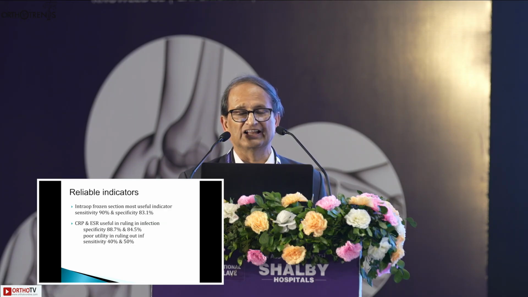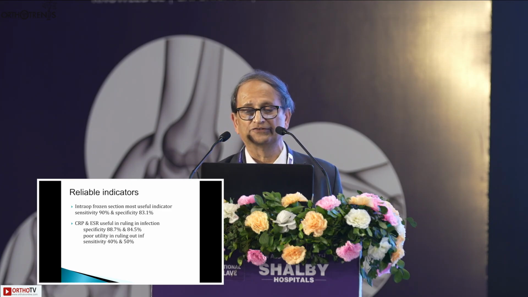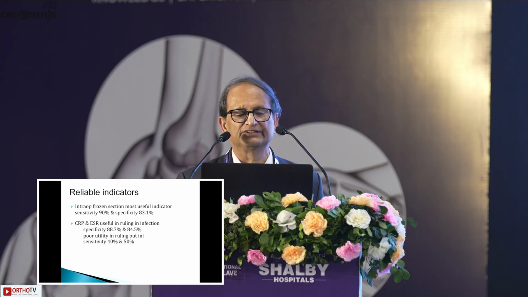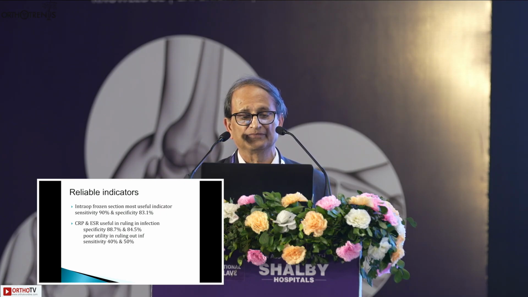So next is reliable indicators. Intraoperative frozen section is the most useful indicator, with a sensitivity of 90% and a specificity of 83%. CRP and ESR are useful in ruling in infection, that is, specificity is 88% and 84% respectively.